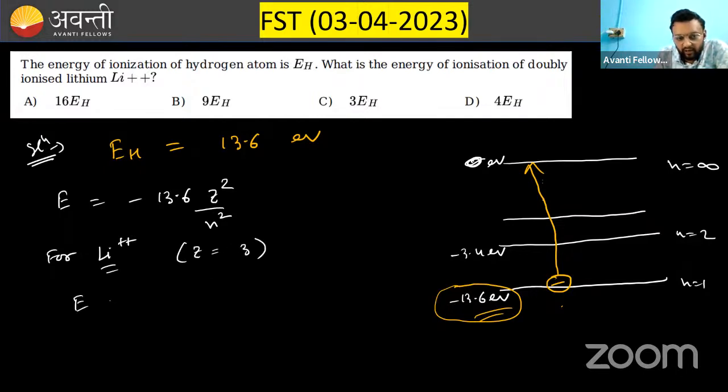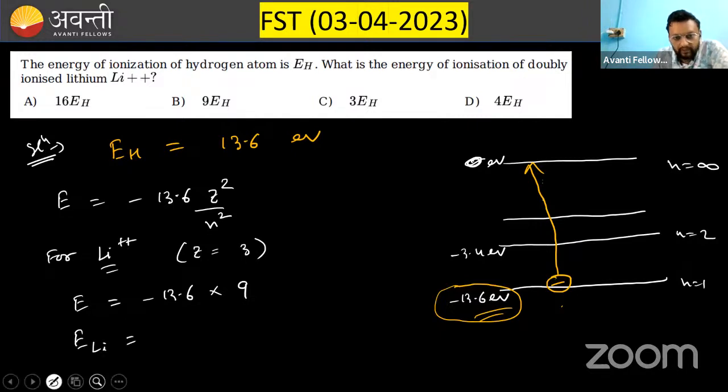So the energy in ground state will be minus 13.6 into 9, since Z square will be 9. So the ionization energy of lithium will be 13.6 into 9. 13.6 is nothing but EH, so that will be EH into 9. So which option is correct?